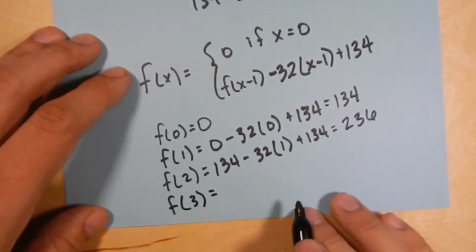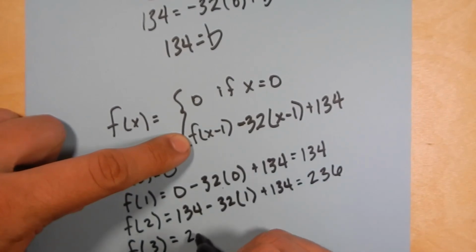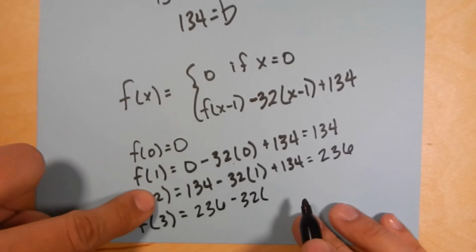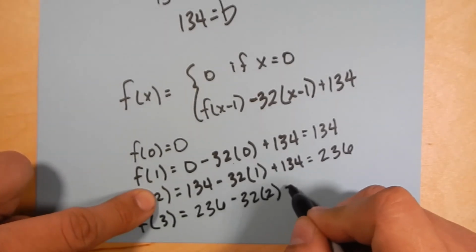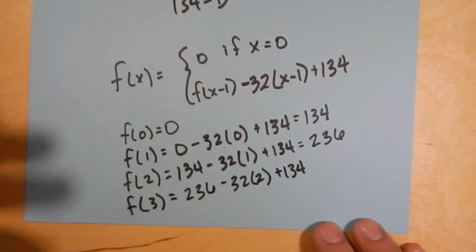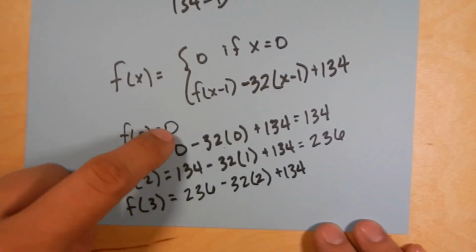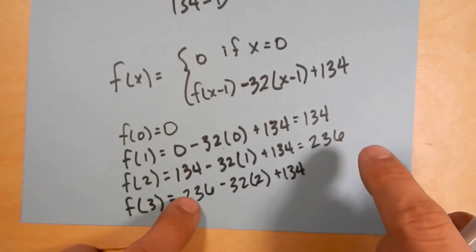So that is, again, previous output. So we just got 236, so that goes here. Minus 32 times the previous input, which was 2, plus 134. Now notice some things are the same in each of these, and some things are different. These change. So this came from here, this came from there, this came from there.